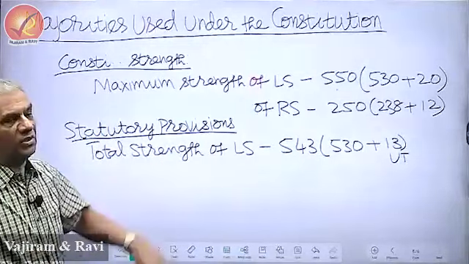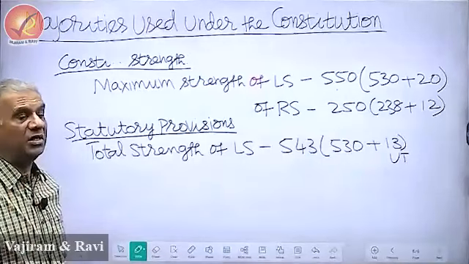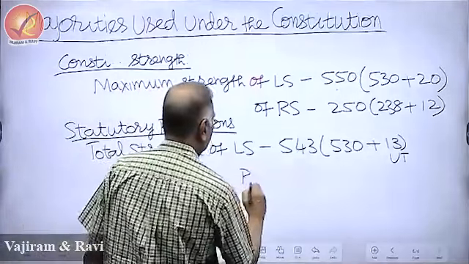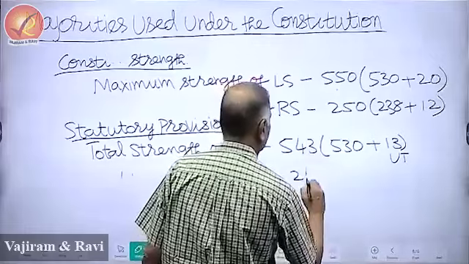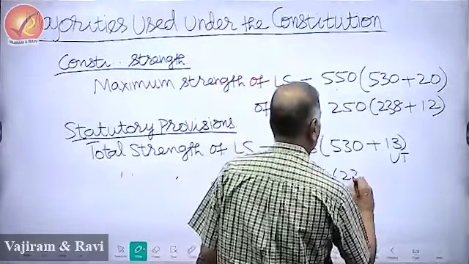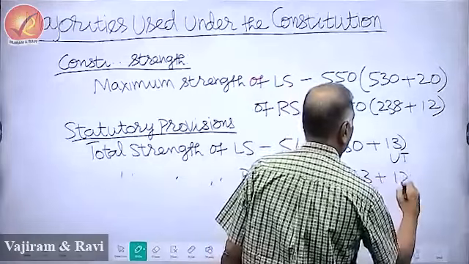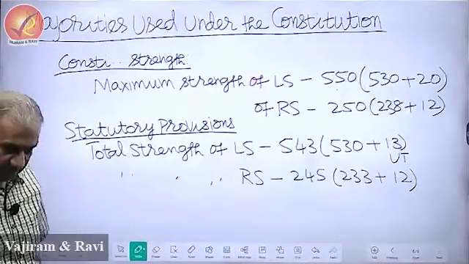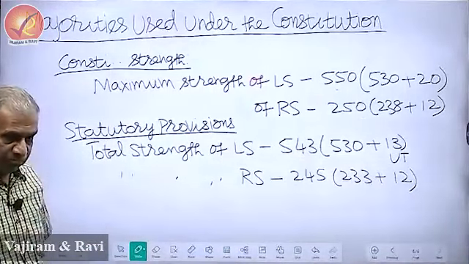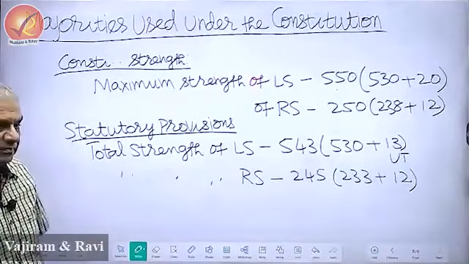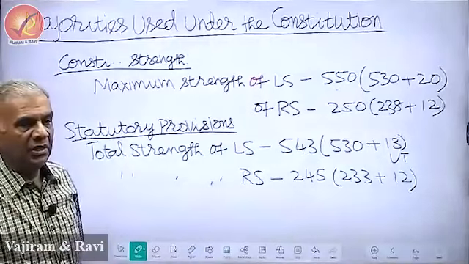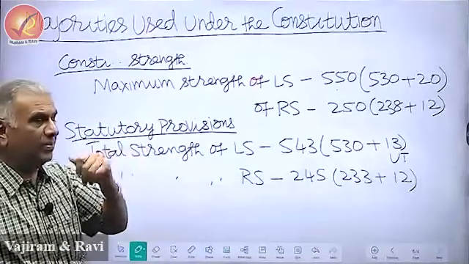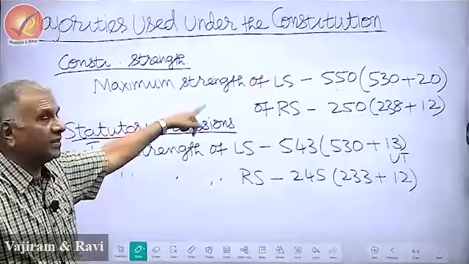So the total strength of the Lok Sabha is fixed by an ordinary law, the statutory law. And the total strength of Rajya Sabha has been fixed as 245: 233 elected members and 12 nominated members. So the majorities are worked out on the basis of the total strength or members present and voting, not on the maximum strength.